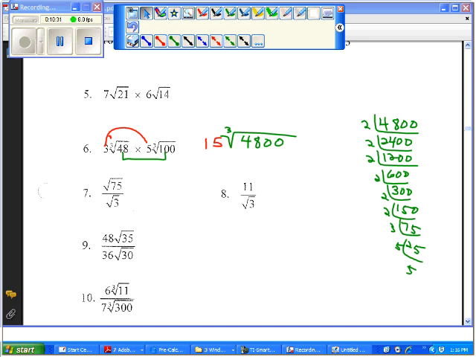So we're going to have 15 cube roots of, and we're going to make us a big long cube root, and we're going to put all of those factors in there. So we already had the 15 outside. Cube roots of 2 times 2 times 2 times 2, there's 1, 2, 3, 4, 5, 6 of them, times 2 times 2 times 3 times 5 times 5.